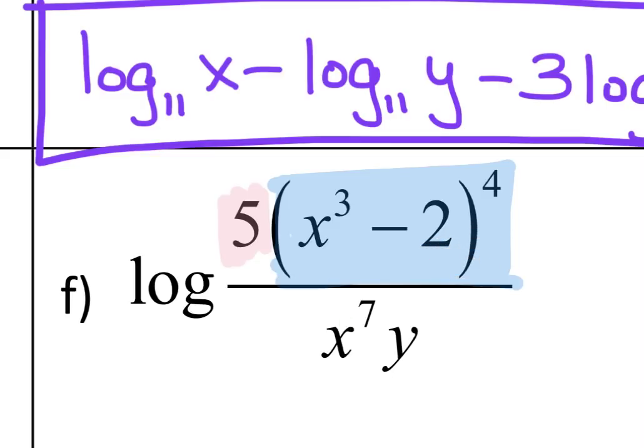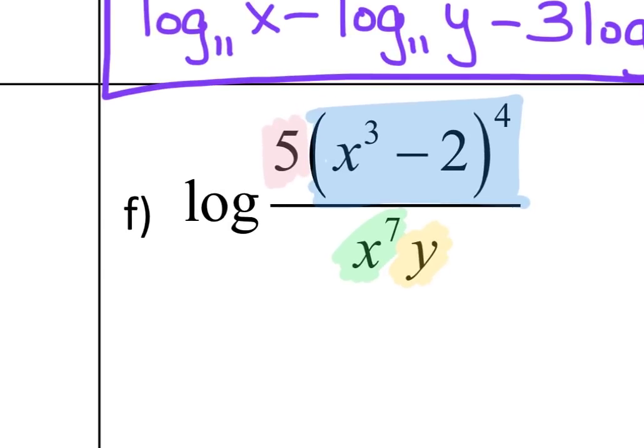And then in the denominator, I see an x to the 7th and a y. So there are going to be four things that I'm going to have to write out with the log. The 2 in the numerator are both going to be positive log, and the 2 in the denominator are both going to be minus log.